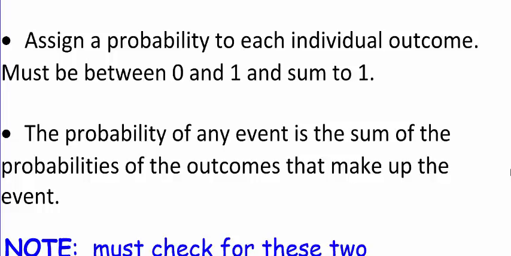If we want to find the probability that the number of heads is less than or equal to 1, that means you have to find the probability that it's equal to 0 plus the probability that it's equal to 1. So if you have multiple events combined describing the event that you're trying to find the probability of, you would just add those events together and that would give you your total probability.